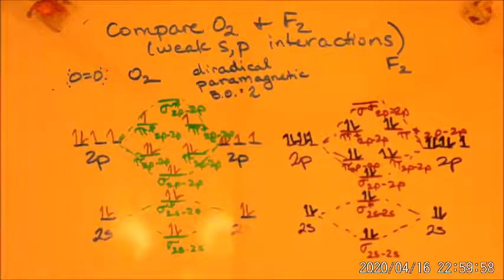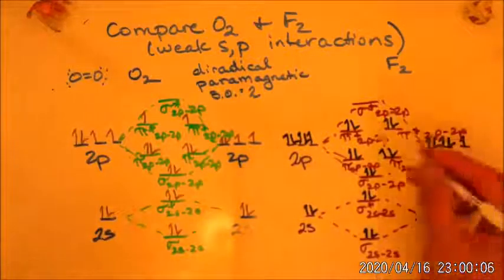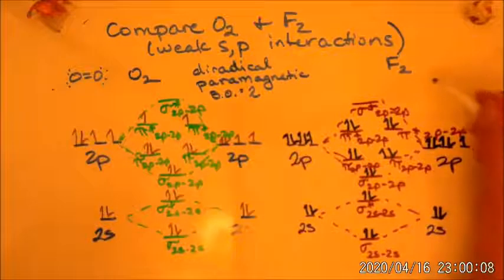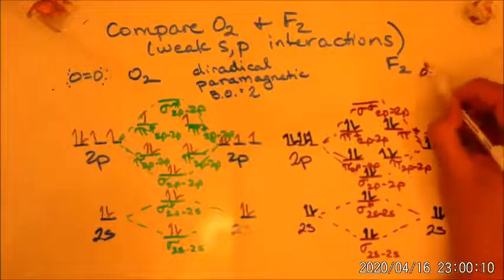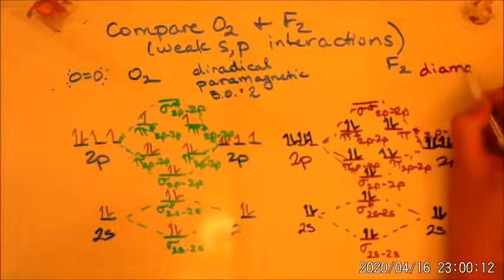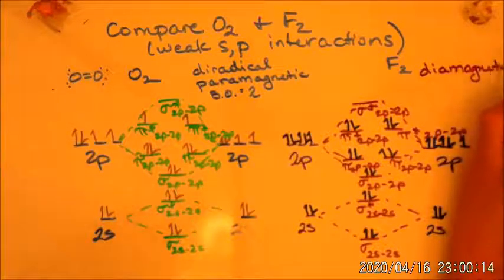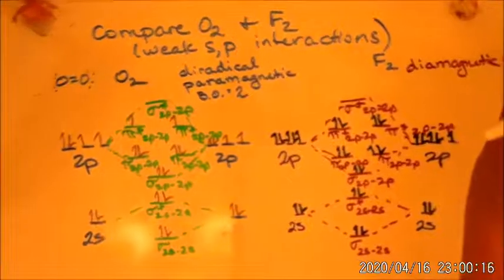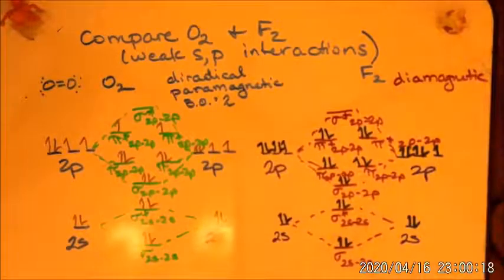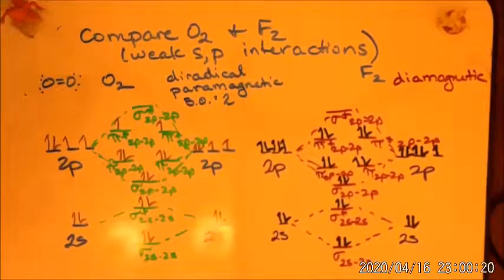What can we say now about fluorine? Well, if you look at fluorine, it's not a diradical. Basically, it's diamagnetic. All my electrons are paired up. So that's nice.